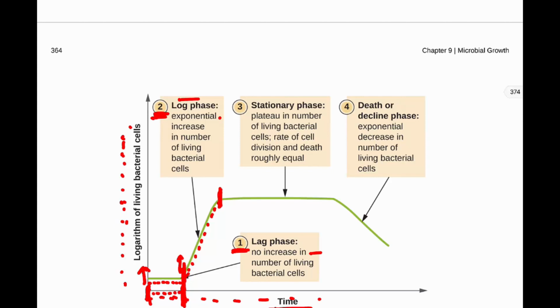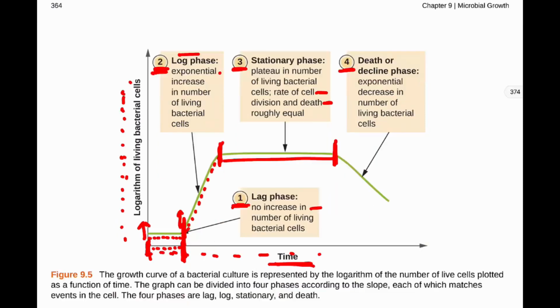So this is where we have our plateau. And so remember, the rate of cell division and death are about equal. So the same number of cells that are being made are dying. And so then we have this stationary phase right here, again, where we see endospores being made, where we see cells trying to survive, send out toxins and other metabolites. And then now we're going to talk about the fourth stage here, which is death or the decline phase.